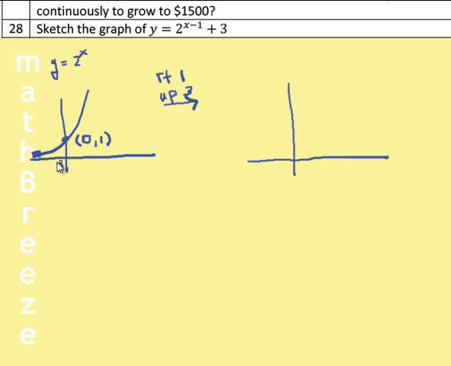Here we have this horizontal asymptote, so that moves up to 3. And this point (0, 1) is going to go right 1, so it's going to move. Let's just write where that goes to. We're going to add 1 to the x and add 3 to the y. So (1, 4).